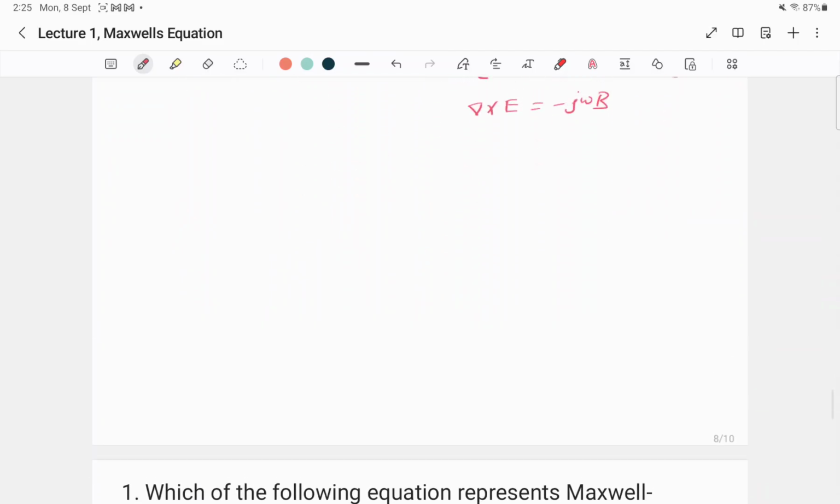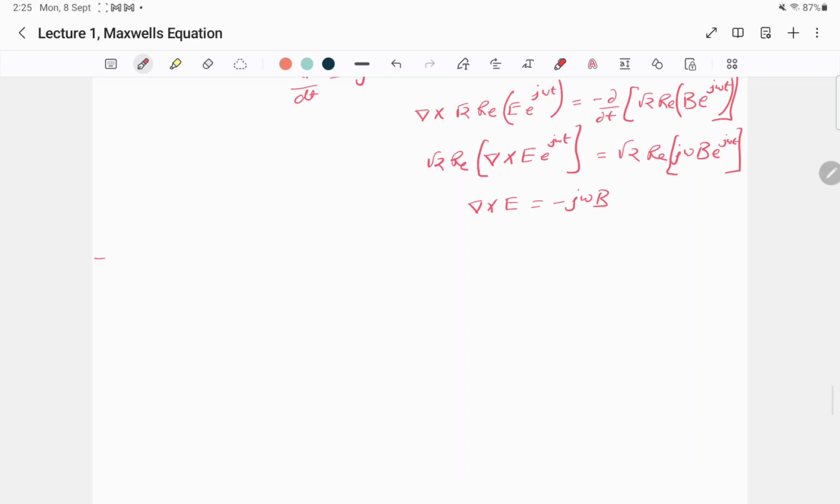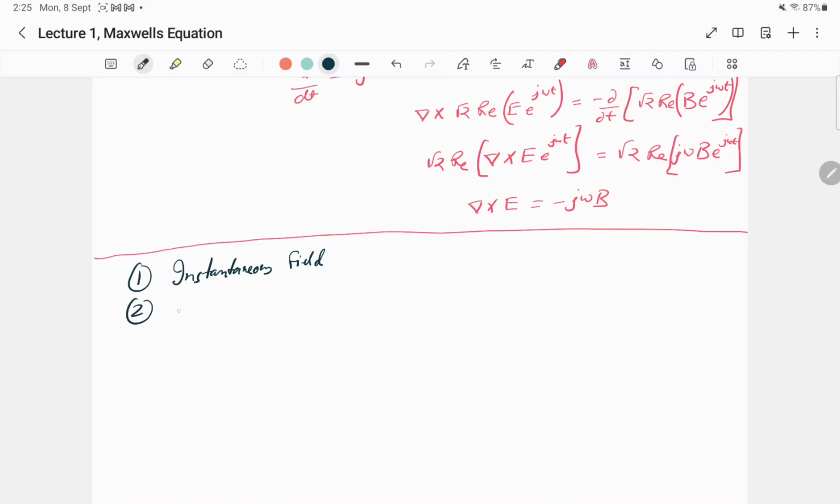So what are the key takeaways from this entire lecture? The key takeaways are, first, that the field quantities can be represented in terms of instantaneous field quantities and complex field quantities or phasor form.